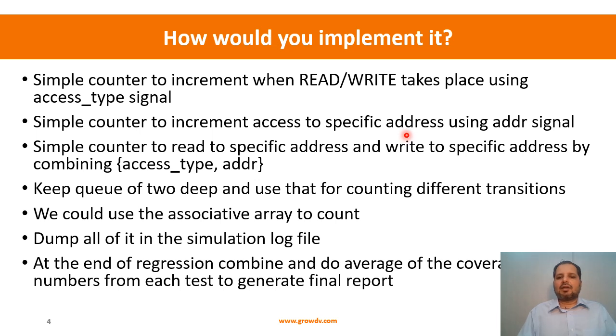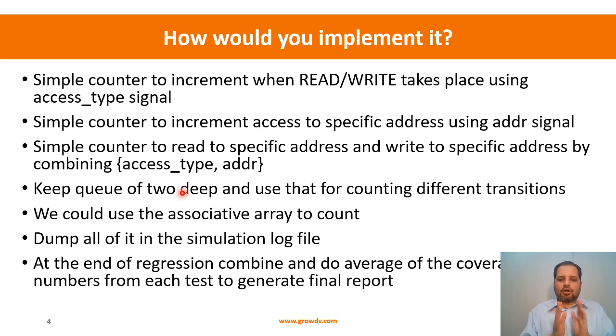Now, of course, one thought might come to your mind that I can use this information to derive the first and second. That's possible, but for simplicity we keep everything separate. Then we can keep a 2-deep queue, and every time I give an access, I push it in, and when I have 2 accesses, I pop the first one and keep moving.